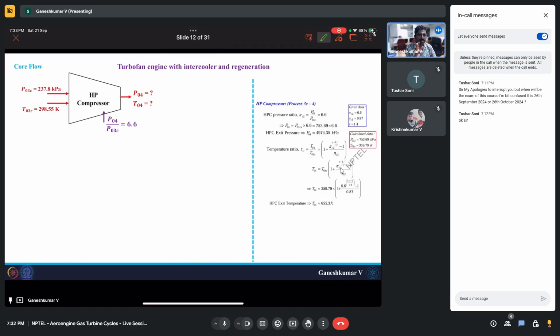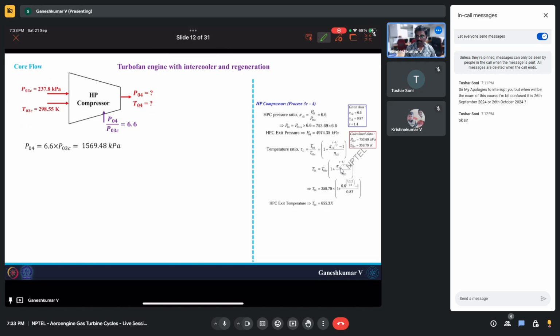Okay. All right. Then what we have, after the intercooler in the core stream, is the high pressure compressor, and after the high pressure compressor we have the regenerator. So that is another trickier part. Let's quickly go through the high pressure compressor. We already know the pressure ratio, so it is straightforward to calculate the pressure at the exit of the compressor, which will be 6.6 times the inlet, which is 237.8 kilopascal. So the exit will be something like 15.69 bars.